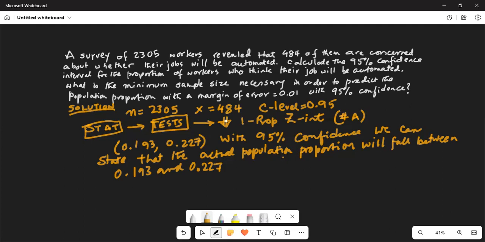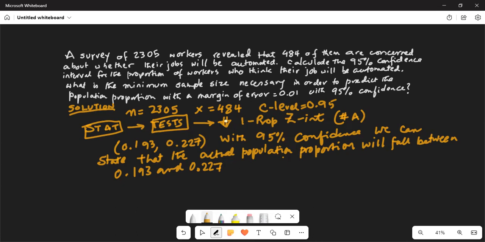The remaining 5 intervals will not. So the 95% is the confidence we have in the effectiveness of the method that we have used. Okay. So that was part A.